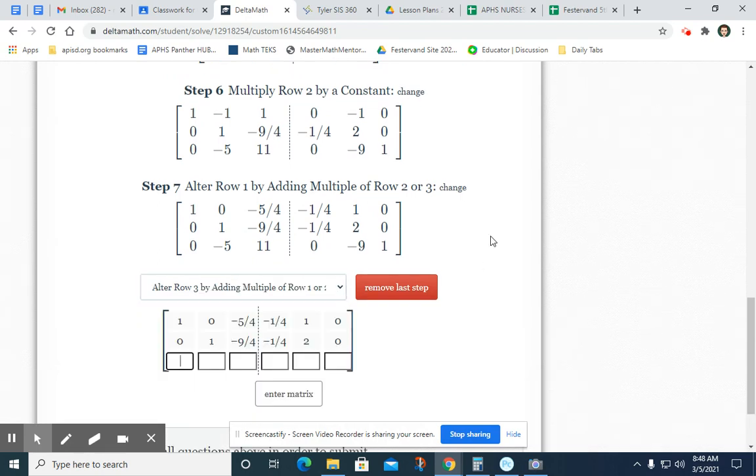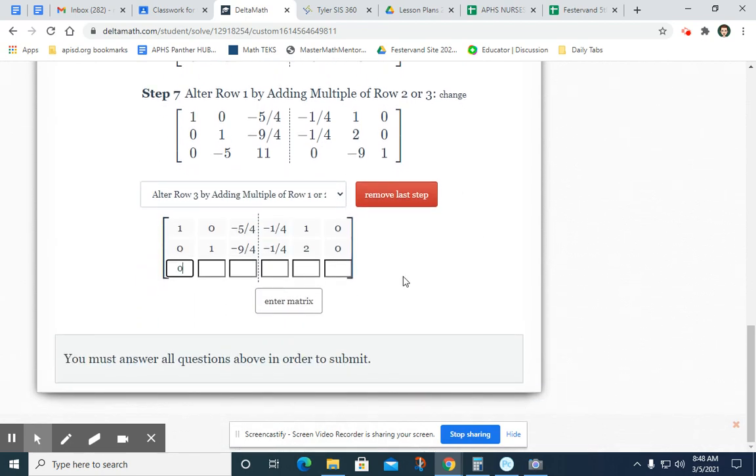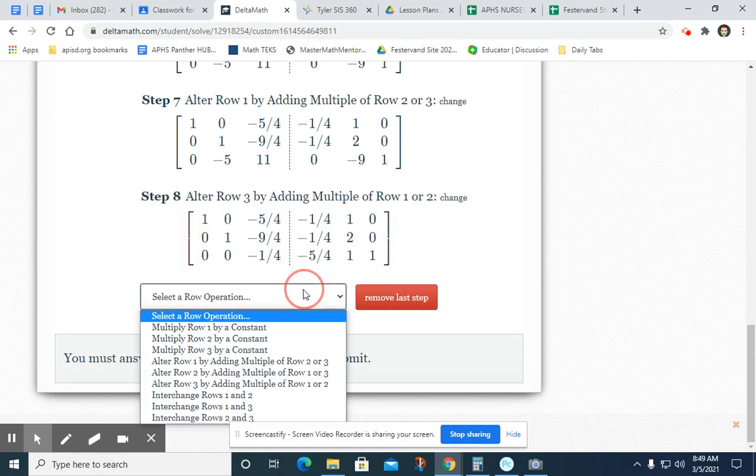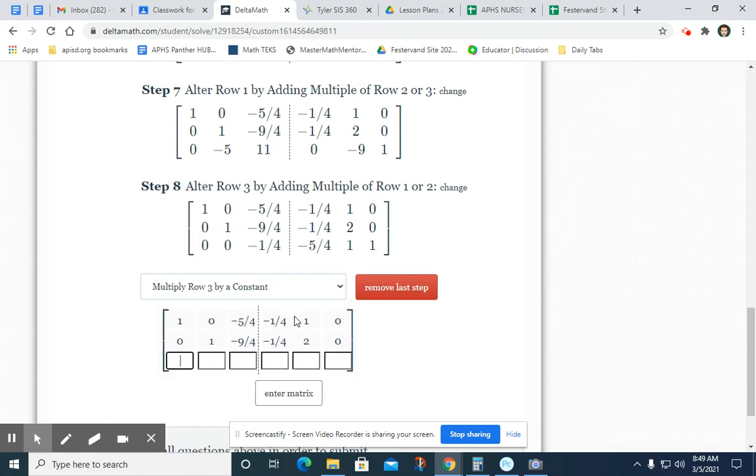And then I altered row 3, 0, 0, negative 1/4, negative 5/4, 1, 1. And then I multiplied row 3 by a constant, 0, 0, 1, 5, negative 4, negative 4.